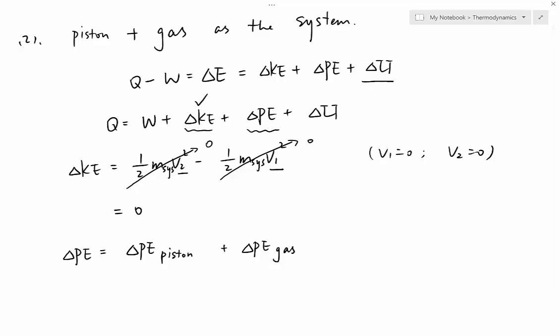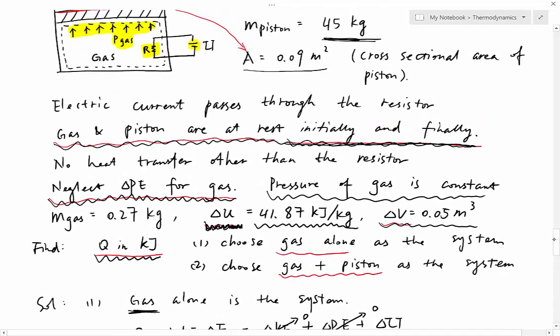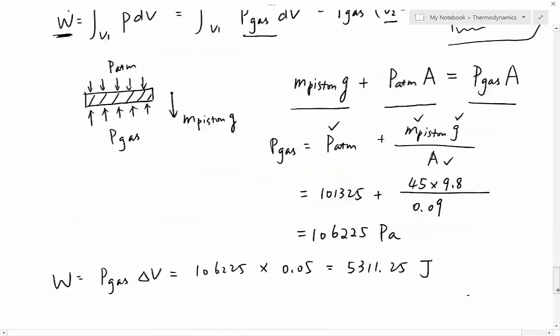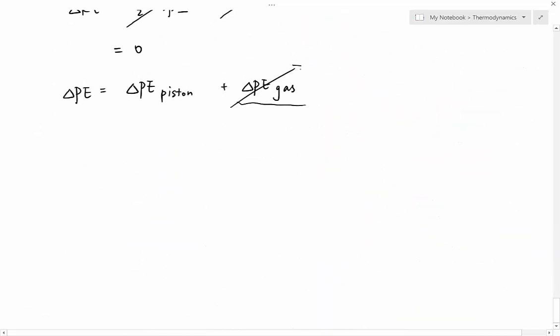What did the question say about delta PE for the gas? If you don't remember, let's go back to the question. The problem said you can neglect the delta PE for the gas. That means delta PE of the gas can be neglected. The second term on the right-hand side goes to 0. So I only need to find delta PE of the piston.